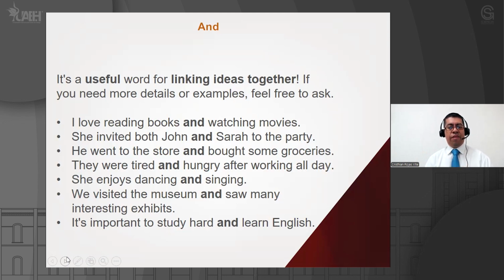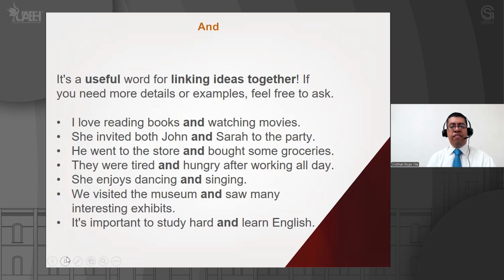Number 3, he went to the store and bought some groceries. Number 4, they were tired and hungry after working all day. So as you can observe in these examples, we are joining two ideas or two sentences together using the conjunction and. Let's continue with the next one.